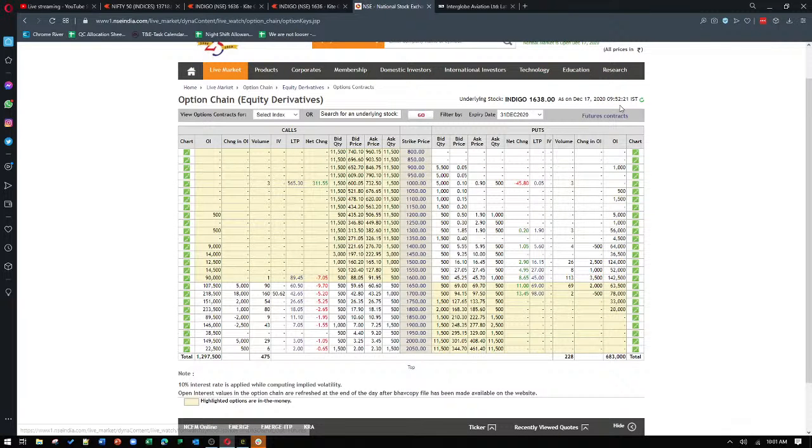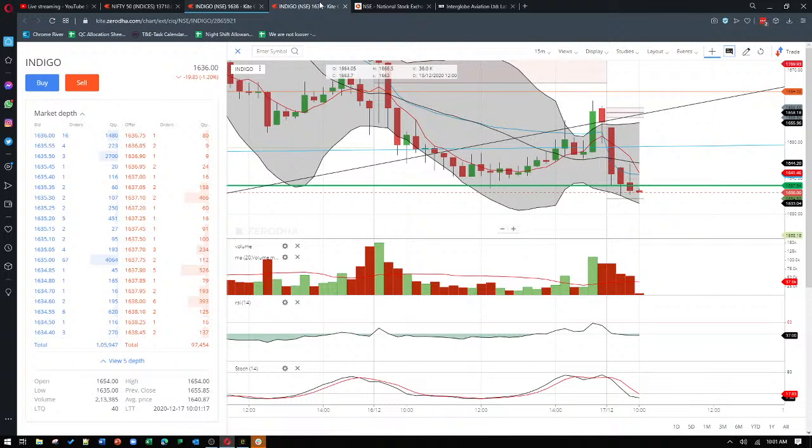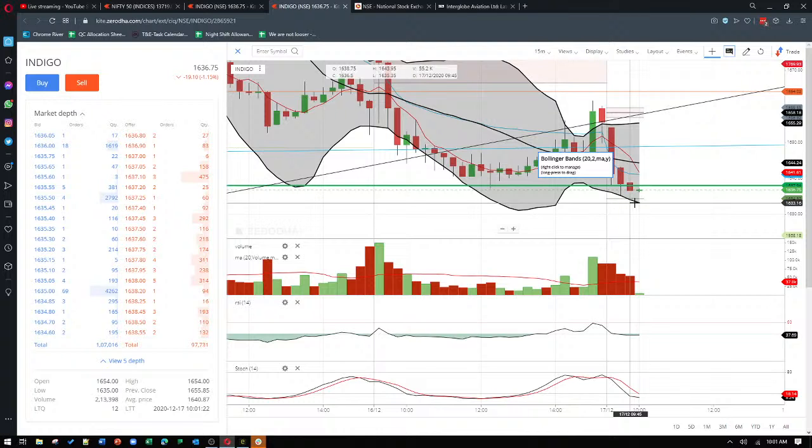What's happening with OI? OI is still the same thing. Okay, you see, the last candle was red. This is a 15 minutes one, and the crossover happened here.